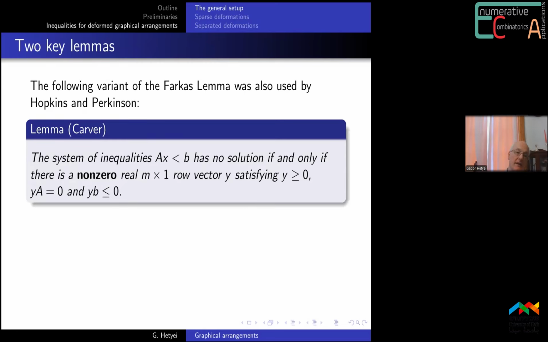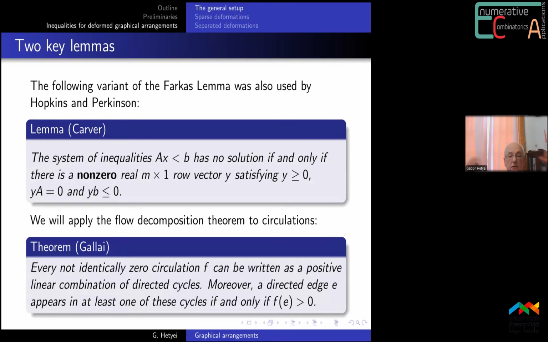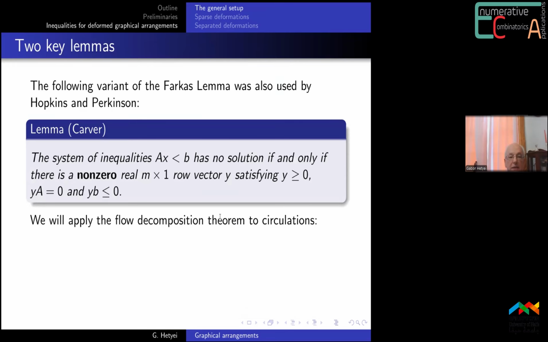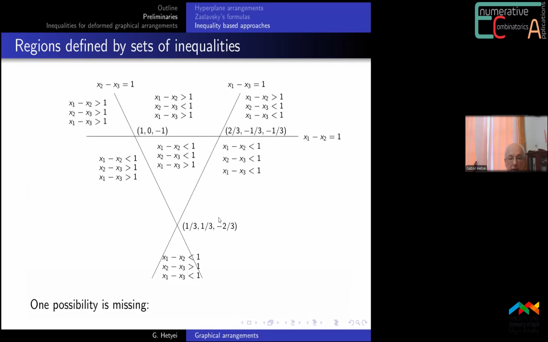One of them is Carver's variant of the Farkas lemma, and the other is the flow decomposition theorem of Gallai, and I am proud to mention that Gallai was my father's thesis advisor. Okay, so first of all, before we get lost here, why is the Farkas lemma a natural choice here? We said that the way we can exclude certain possibilities is that certain inequalities imply others.